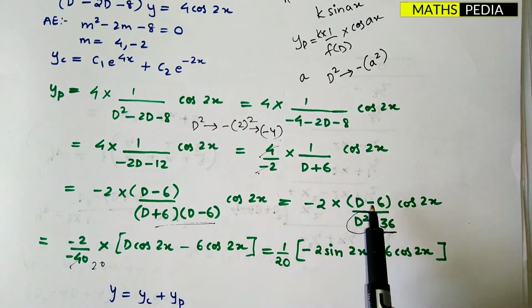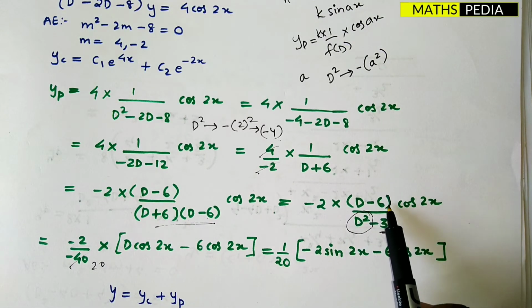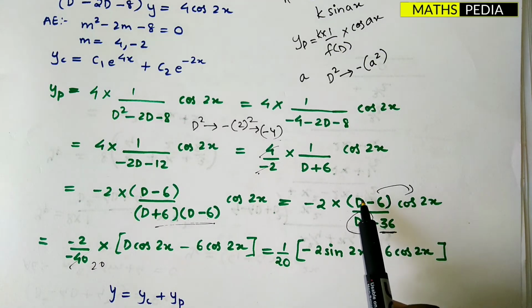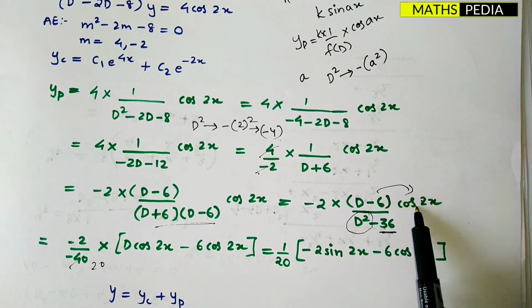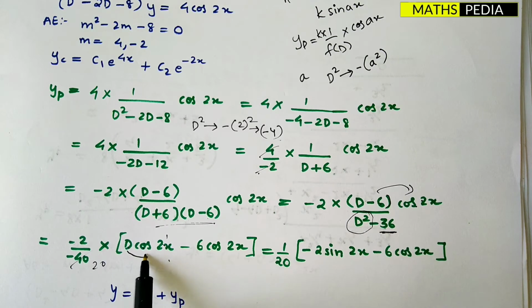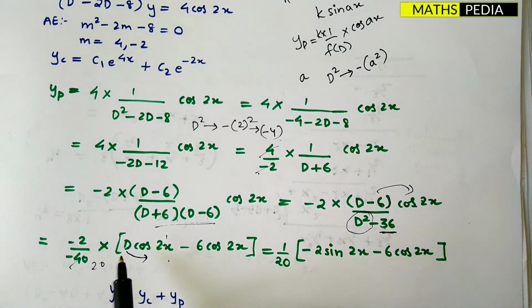Now it is in brackets, so multiply and expand the bracket, that means D into this minus 6 into this. So D into cos 2x minus 6 into cos 2x. Always remember what D implies. D is nothing but the first differentiation. We have discussed D is nothing but d by dx, the first differentiation.